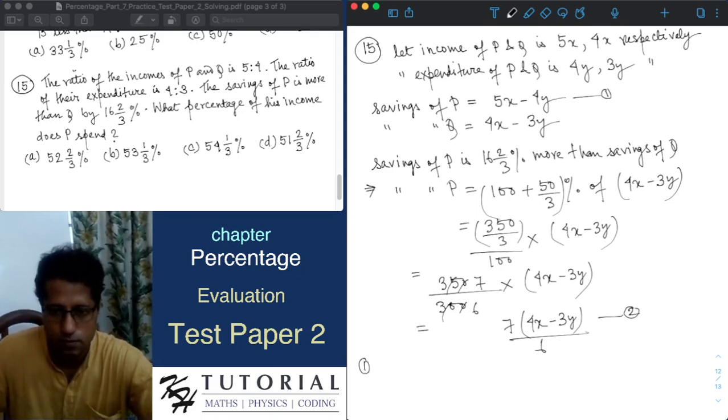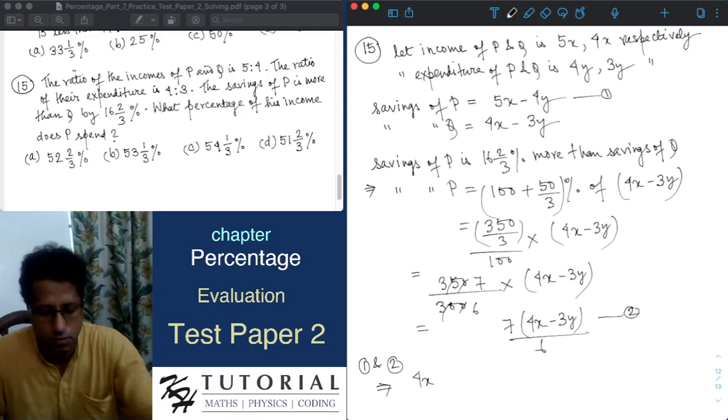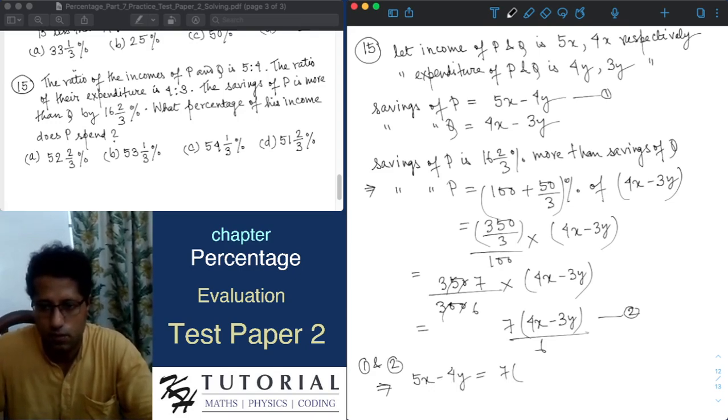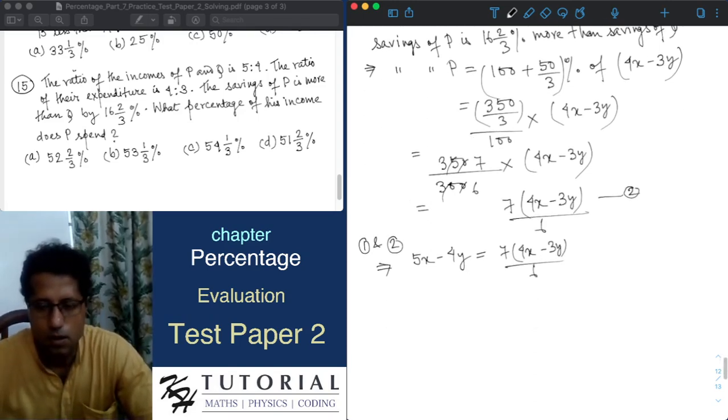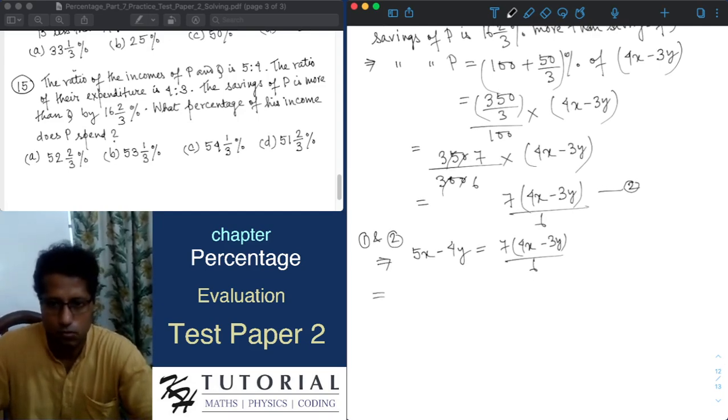Using the facts 1 and 2, we can say that 5x minus 4y equals 7 into 4x minus 3y divided by 6. Okay. Now, if you do cross product, this is 6 into 5x minus 4y equals 7 into 4x minus 3y.